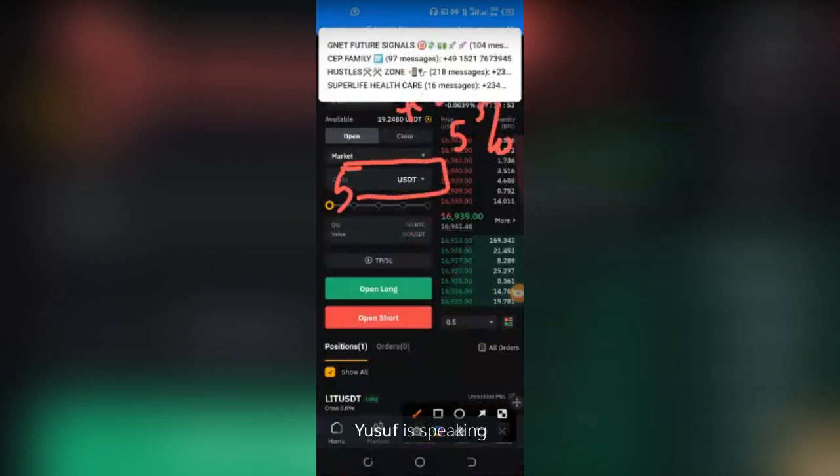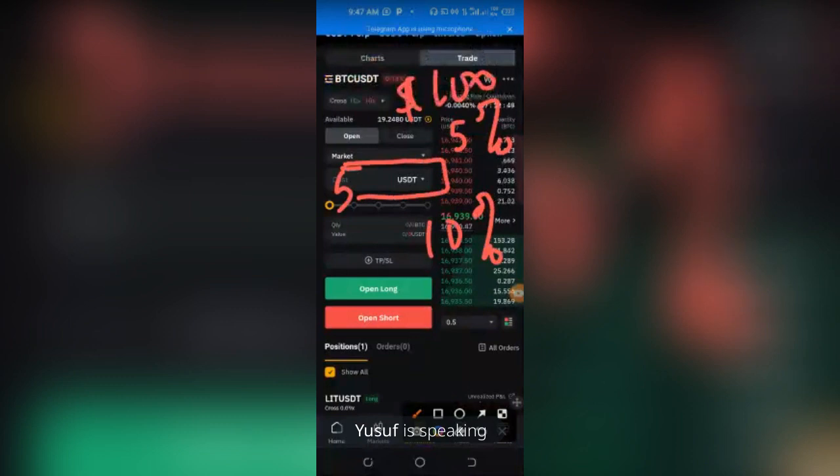Now, when you make a profit of 10% from this, 10% of $5 will give you 0.5. But because there are some charges, when you buy, there is a small charge to be deducted. They will remove their own gas fee. When you sell, they will remove their own gas fee too.